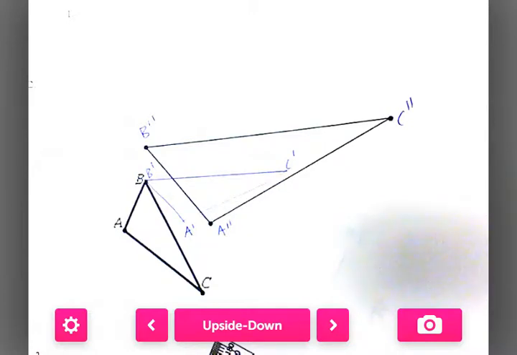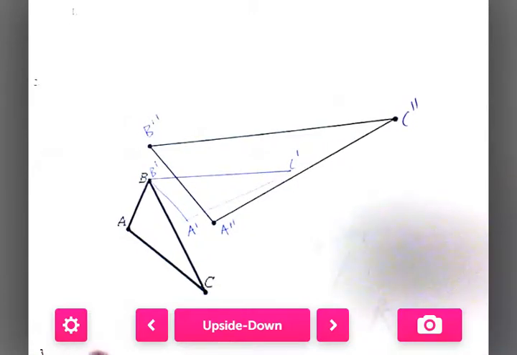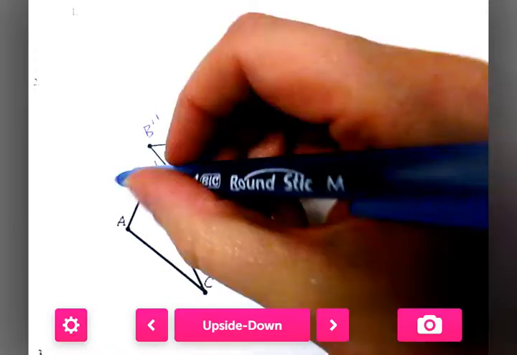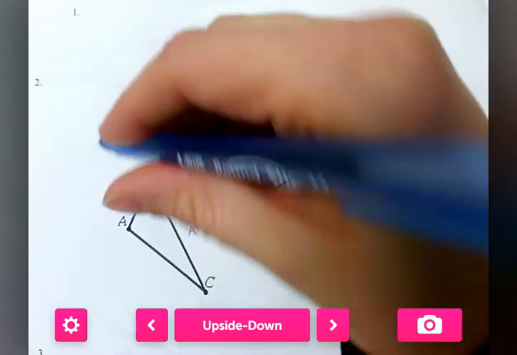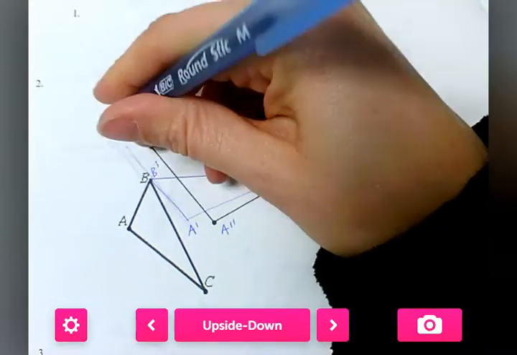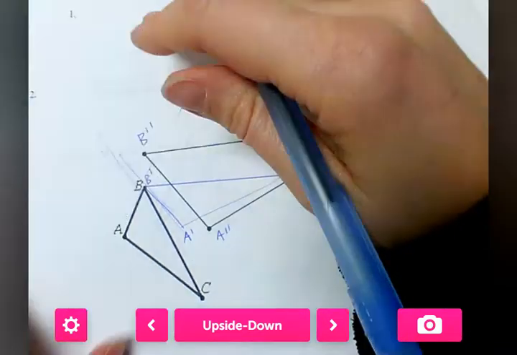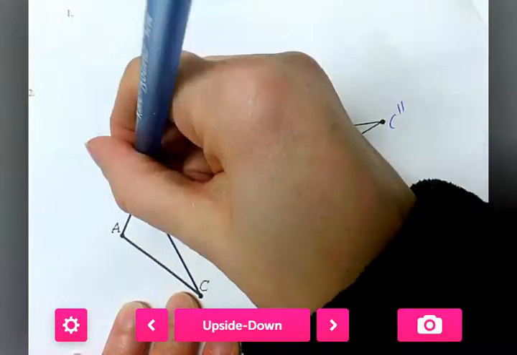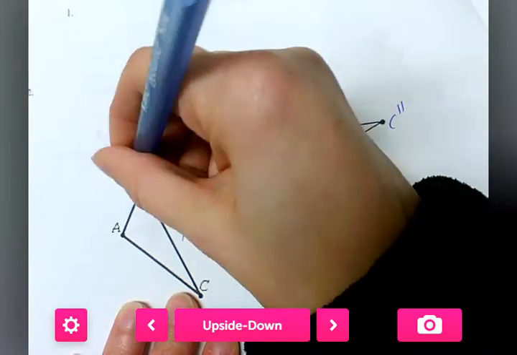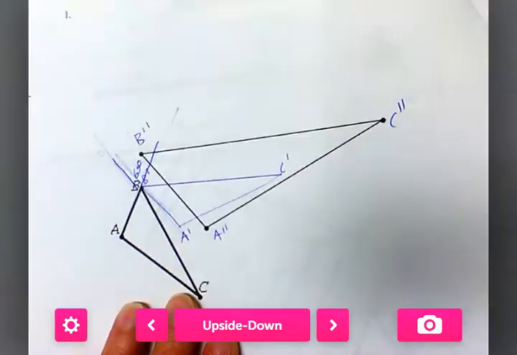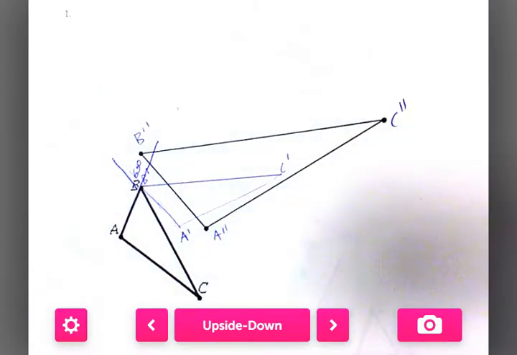I rotated it. And now I'm going to find how many degrees I rotated it. It's the distance between here and here, so I'm going to measure that. And that's about 65 degrees. Did I lose you?